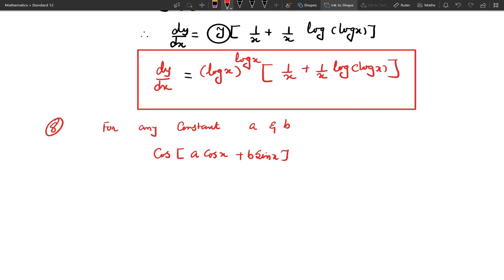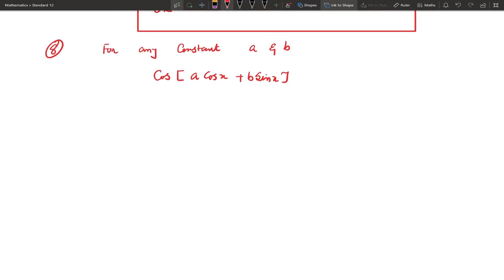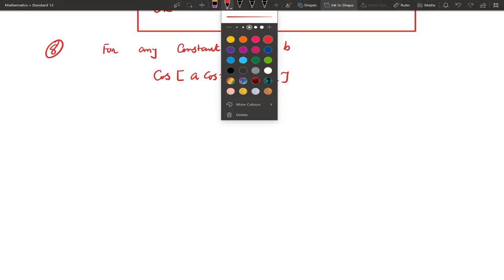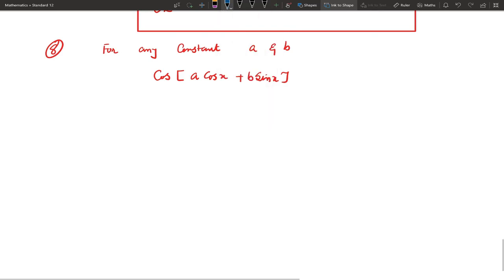Differentiate cos of a cos x plus b sin x. So the solution is, it is very simple to differentiate this. We denote this by y.